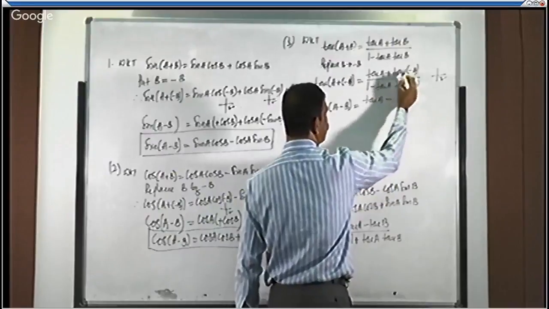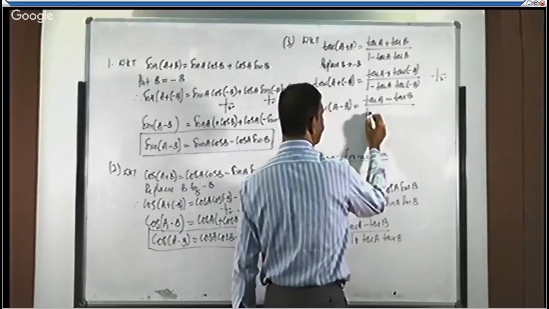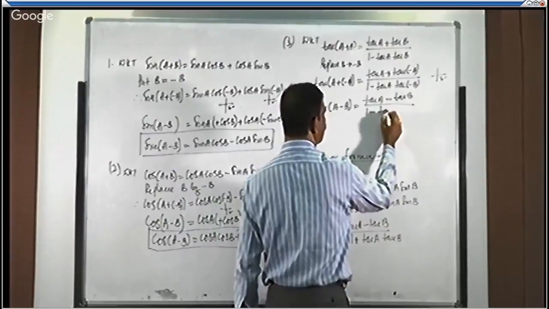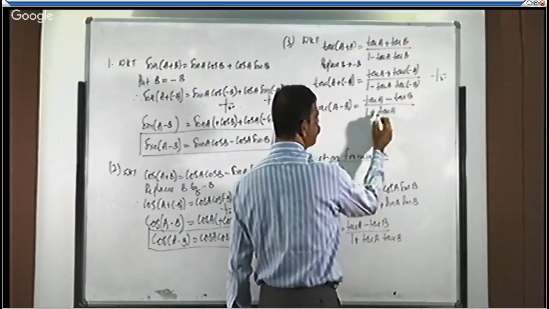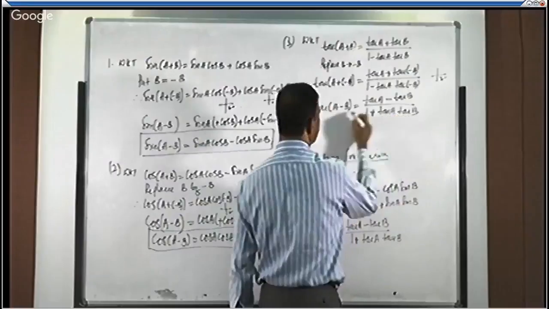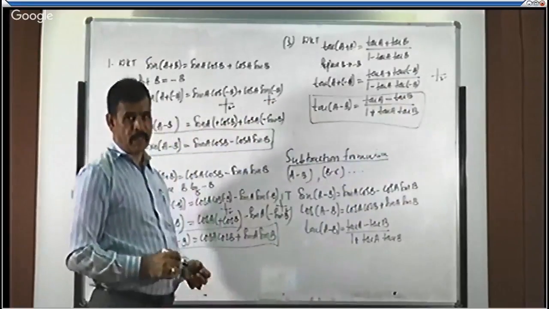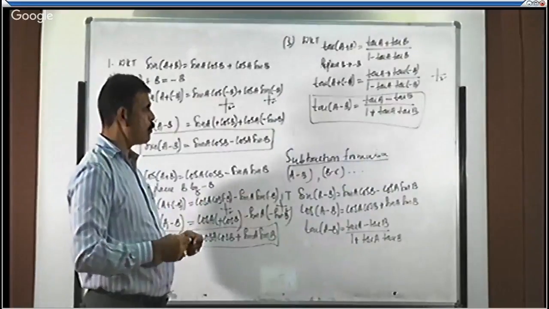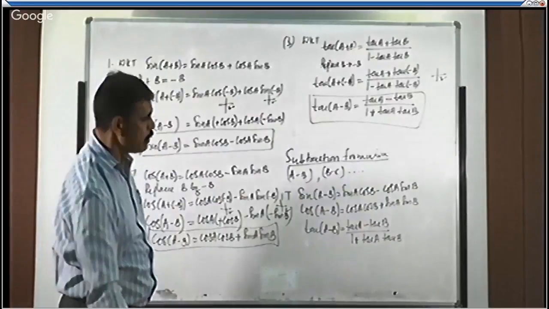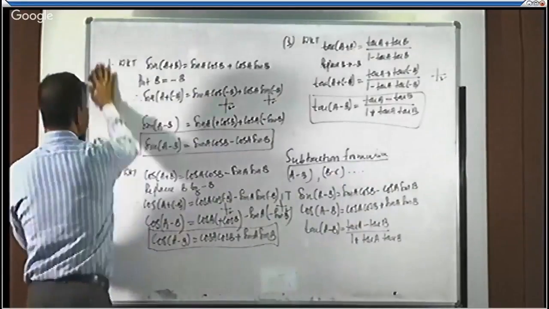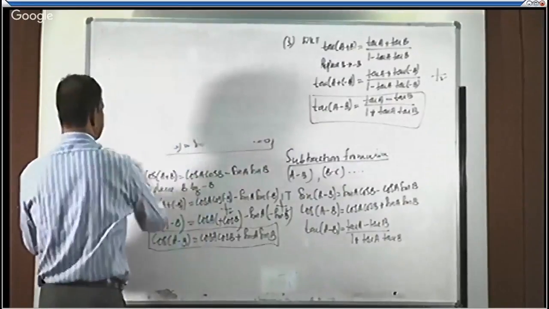For minus B, tan will not be changed. So tan B only, divided by 1 minus tan A into minus tan B. So that minus into minus becomes plus. So this will be the formula. These are the subtraction formulas, right? Tan of A minus B is equal to tan A minus tan B by 1 plus tan A tan B. These are the addition and subtraction formulas.